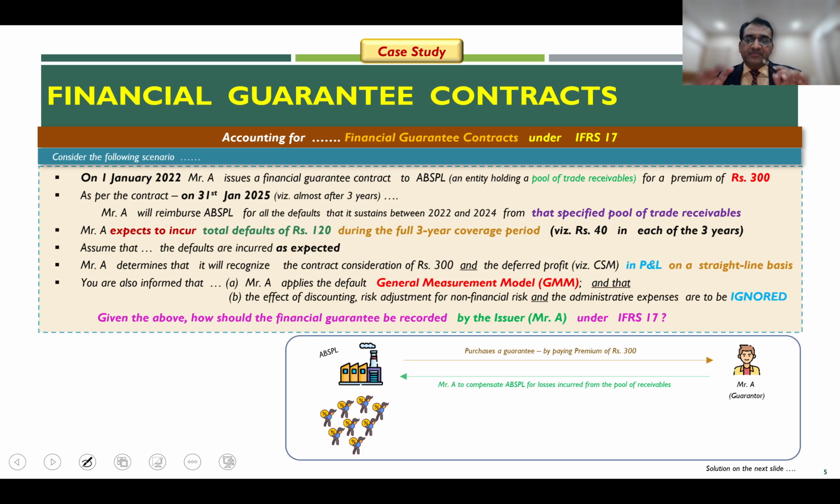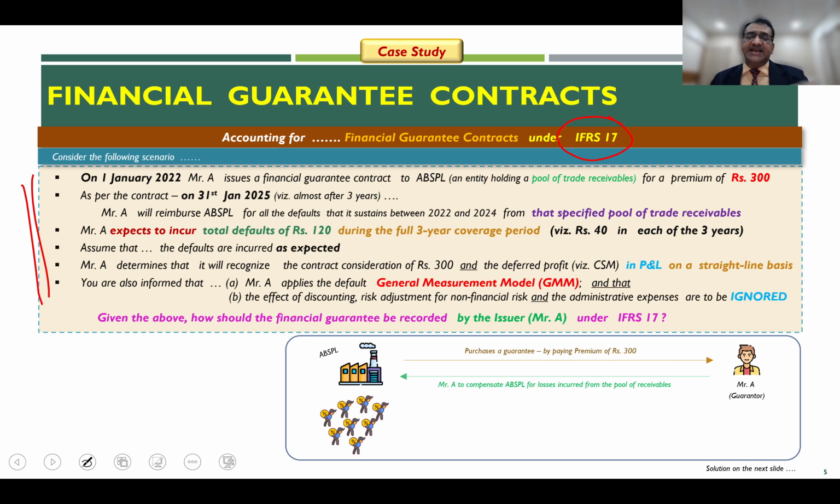But let's see. In this particular case, we are considering a scenario wherein the issued financial guarantee contracts are to be accounted for under IFRS 17, or in the Indian context under Ind AS 117. So this is the fact pattern.